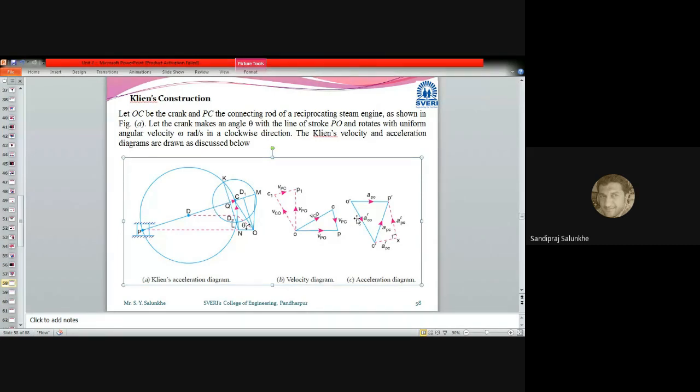Also, we are supposed to calculate the acceleration of various points in this configuration. What Klein did is that he first drew the velocity diagram and acceleration diagram of this mechanism, and later on he superimposed the velocity as well as acceleration diagram, by making some little constructions in the same space diagram.